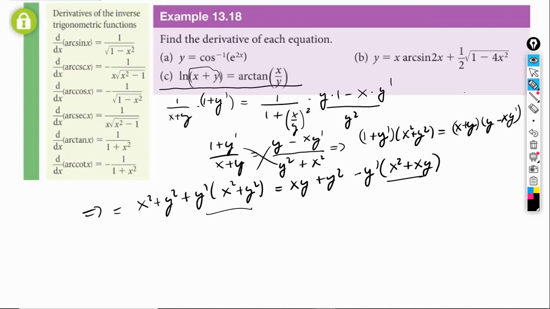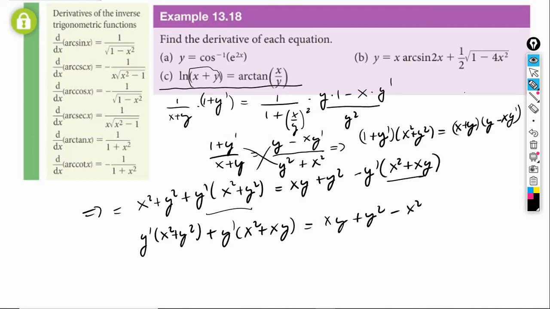So let's bring this to the left-hand side and move the other terms to the right-hand side. So we're going to get y prime times x squared plus y squared plus y prime times x squared plus xy equals xy plus y squared minus x squared minus y squared.